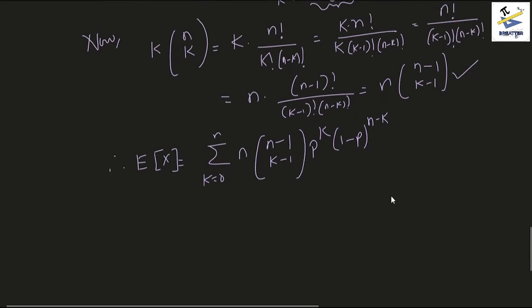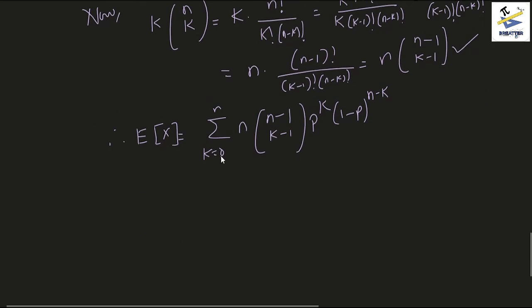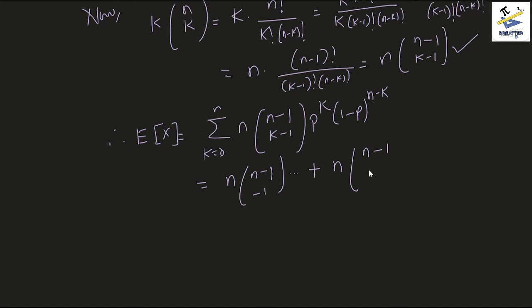Okay, now the first is k equals 0, so the first term is (n minus 1)C(minus 1). Now since minus 1 has no value, this series looks something like this: (n minus 1)C(minus 1), and whenever you have a minus 1 in the denominator of a binomial coefficient, it is 0 essentially.